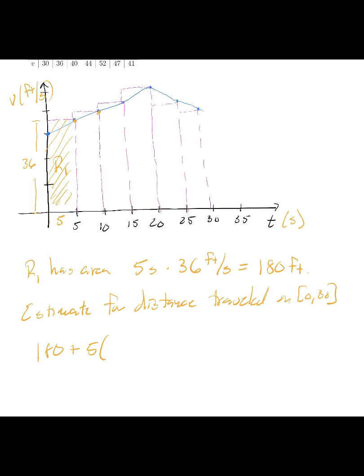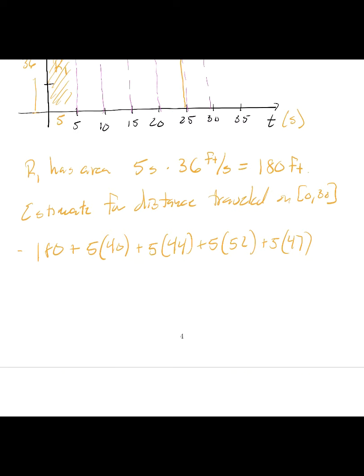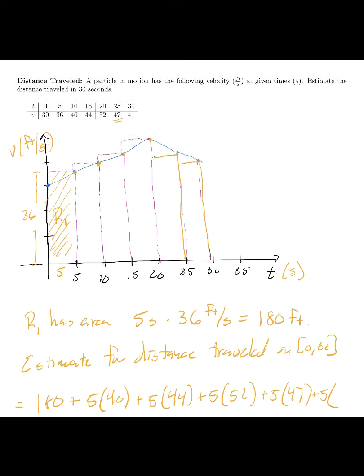The second rectangle has height, the output of the function at 10, which is 40, you see in the chart, plus 5 times the output of the function here at 15, which is 44, plus 5 times the output of the function at 20, which is 52, plus 5 times the output of the function at 25, that's going to be this rectangle. The output of the function at 25 is 47. And finally we get, let's see, I can fit it in here, 5 times the output of the function at 30, which is this rectangle, and that is 41.